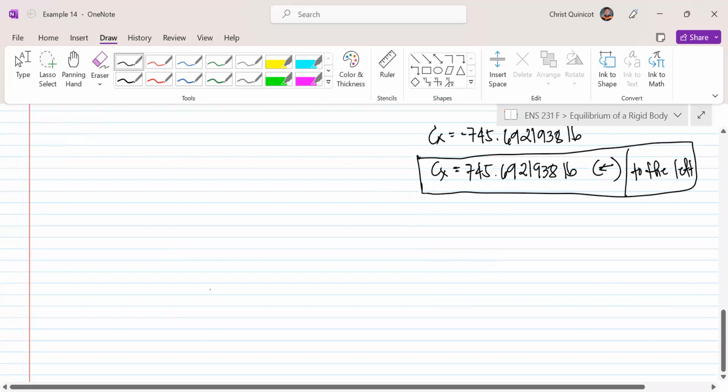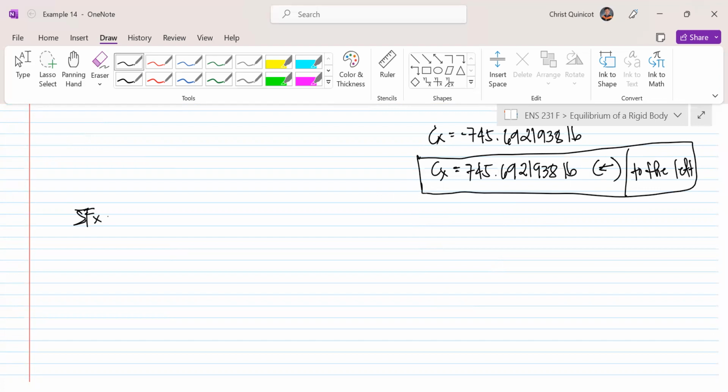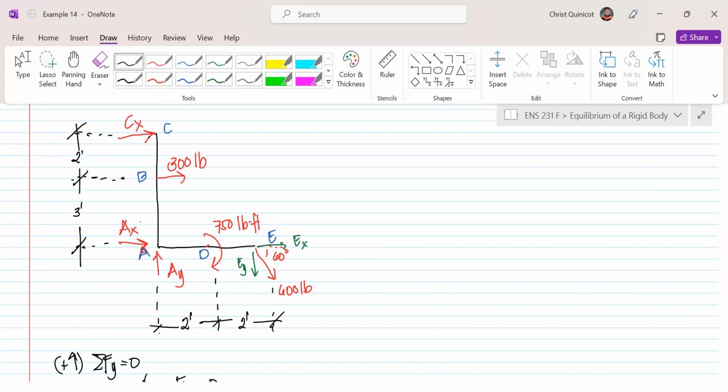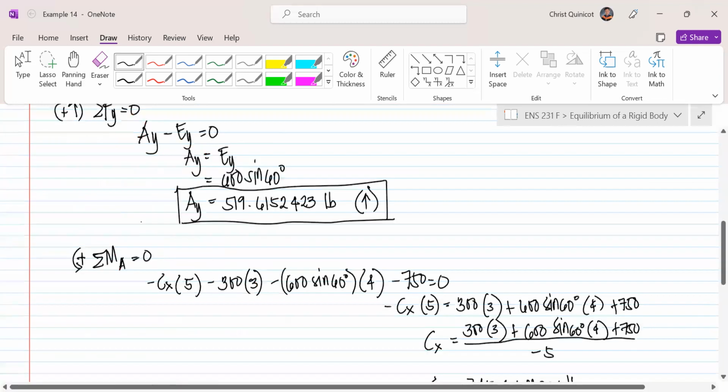Okay, and knowing that, we can now calculate our A sub x. We do force summation in the x equal to 0, assuming all forces to the right are positive. If you can observe, we have 300, the x component of our 600, and our C sub x, which is to the left.